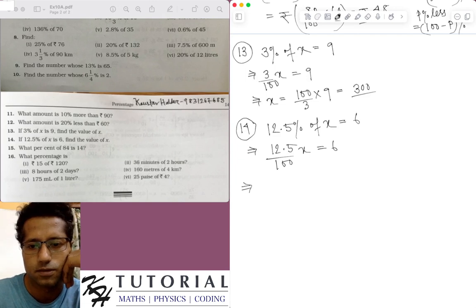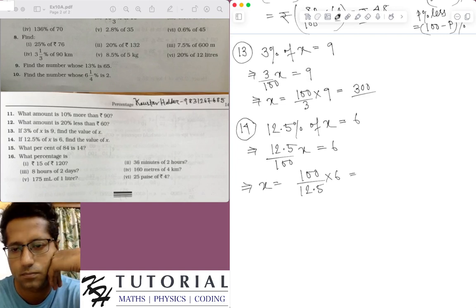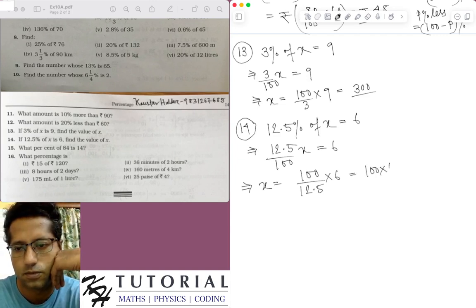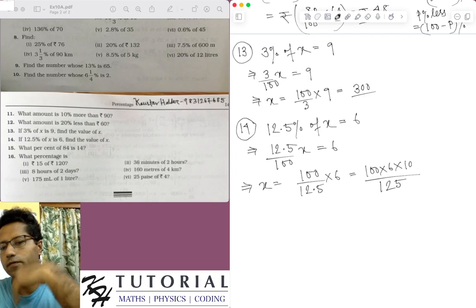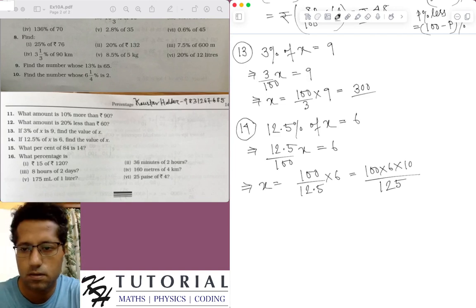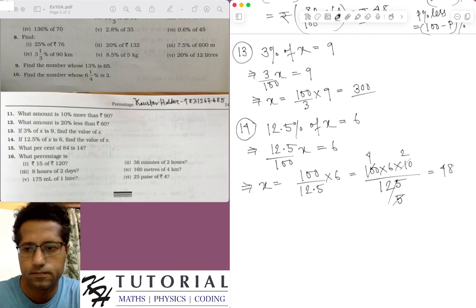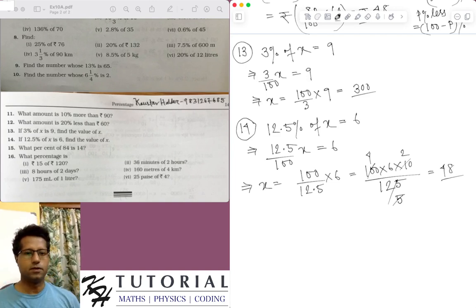This implies x equals 100 by 12.5 multiplied by 6. Now this equals 100 into 6 into 10 divided by 125. Now 25 divides 125 with 5, 4, 2, so this is 48. So x is 48.